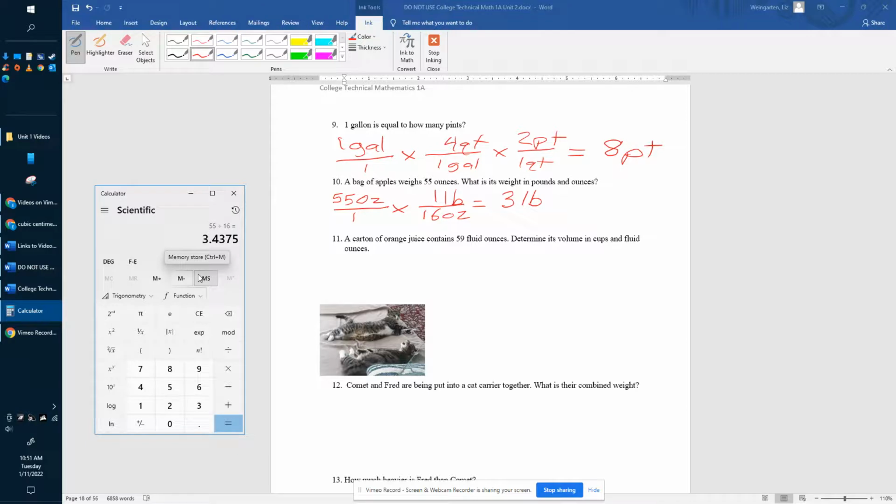This may be familiar to when we had started looking at improper and mixed number fractions. We are going to subtract off the whole number and multiply the remainder by what we just divided by, which is 16. And we get 7 ounces.